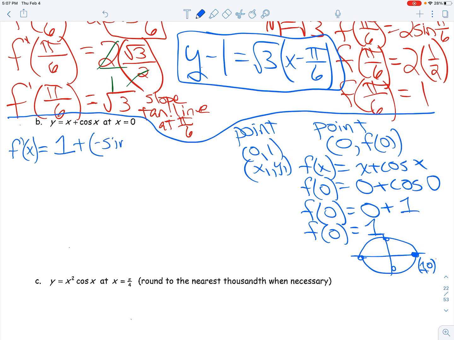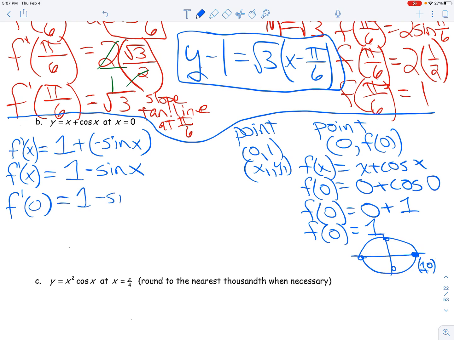The derivative of x is 1, plus the derivative of cosine of x. The derivative of cosine of x is negative sine of x. So f prime of x is 1 minus sine of x.